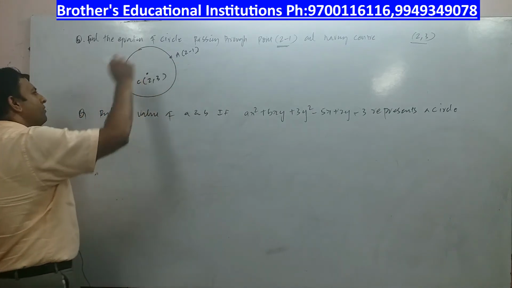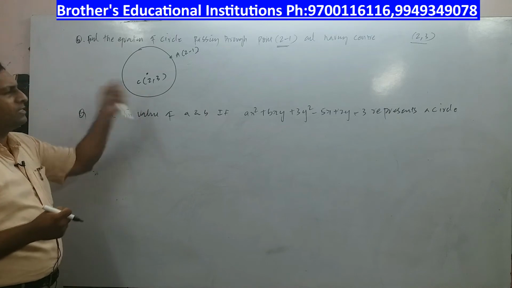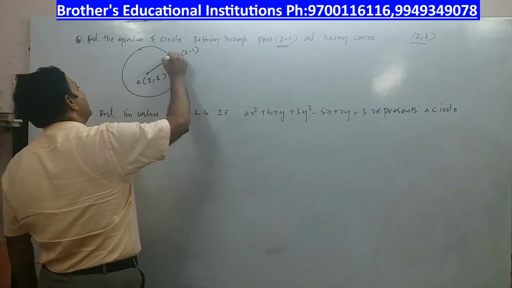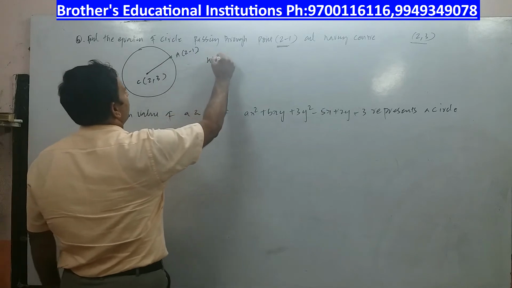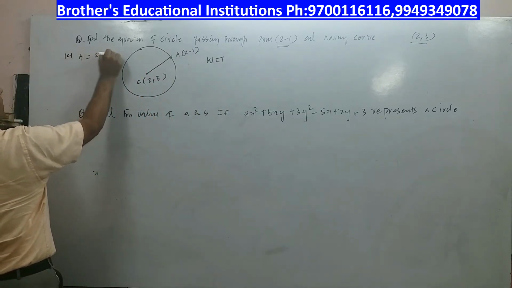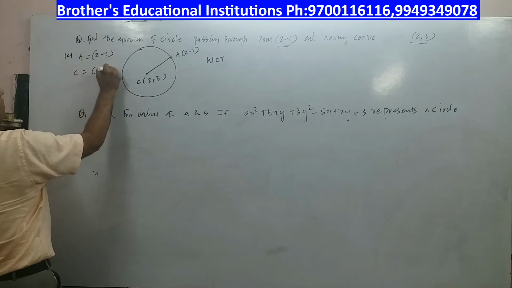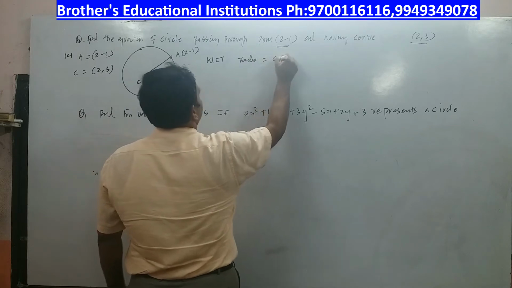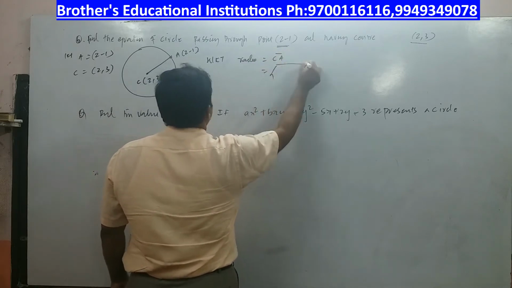So you have center, you have a point. Tell me what you want. When you know the center, what you require is a radius. And the radius is nothing but this distance. Starting, you will say let A is equal to (2, minus 1), C is equal to (2, 3). We know that radius is equal to distance CA. How do you find distance CA?